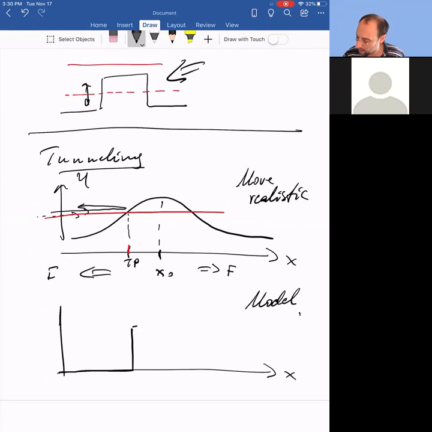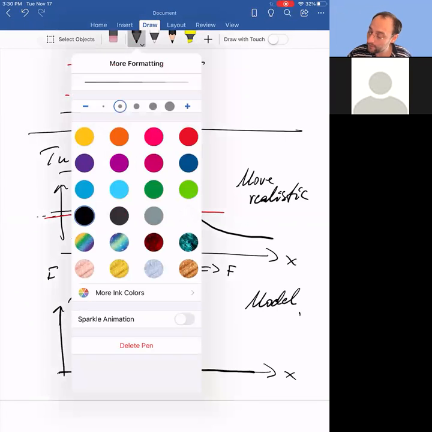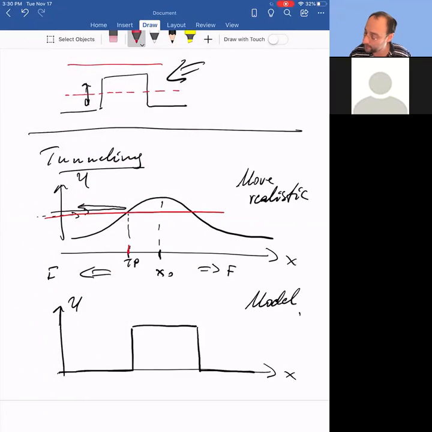We do a lot of modeling, right? So the potential energy graph is like this. This sort of situation now corresponds to this. It's kind of artificial, but what this means is that the particle moves uniformly at constant speed, stops, and then goes back at constant speed. It will never penetrate into region 3, right?